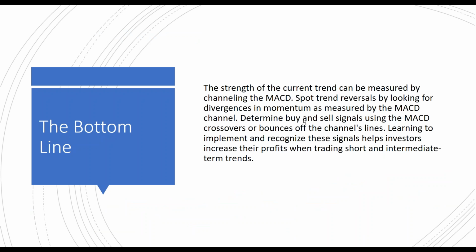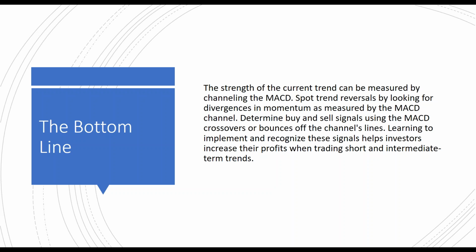The strength of the current trend can be measured by channeling the MACD. Spot trend reversals by looking for divergence in momentum, as well as measured by MACD channels. Determine buy and sell signals using MACD crossovers or bounces. Learning to implement and recognize these signals helps investors increase their profits when trading short-term or intermediate-term trends.